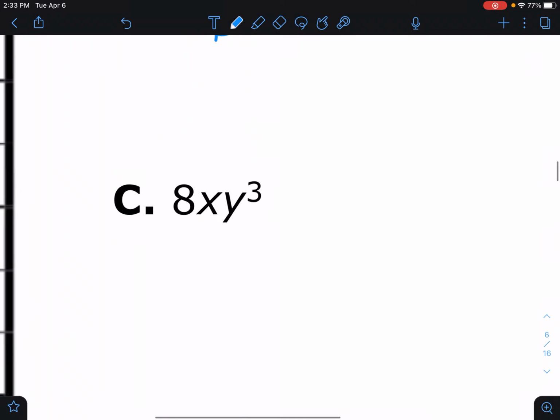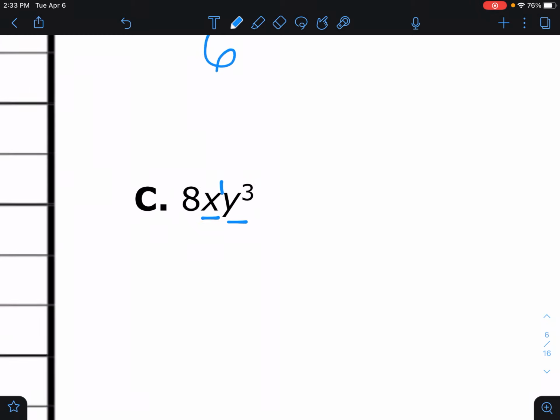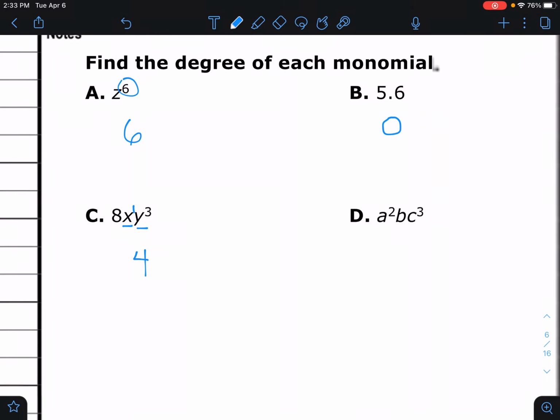Part C, a lot of people here are tempted to say the degree is 3. Wrong, right? There's 2 variables, okay? And remember, this has a hidden 1. Now I have a degree of 1 and 3. We want to put those 2 exponents together. Now that means my degree is 4. Okay, so don't forget about those hidden ones.